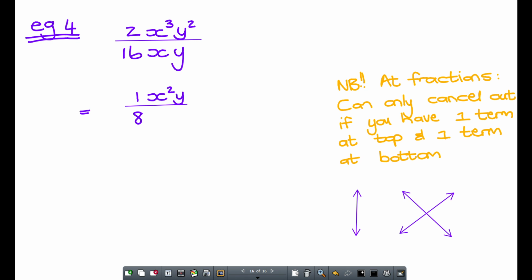Okay, so if you were to have something like this, 2x to the power 3 plus y to the power of 2 over 16xy, then I can't cancel out because at the top, how many terms do I have? 2. So that's not going to work. Okay? Please remember about that. Then, how do we cancel out? We cancel out up and down or across.